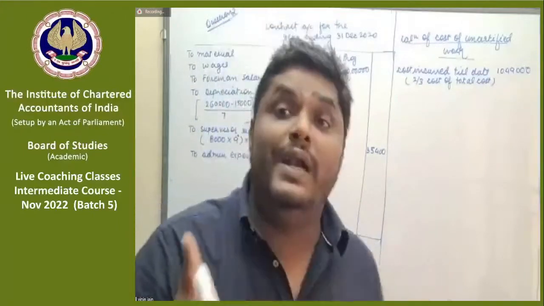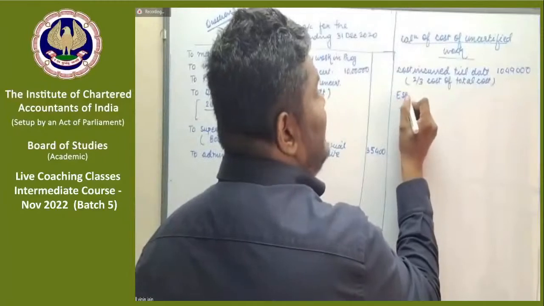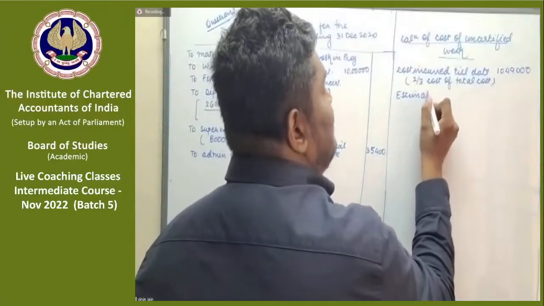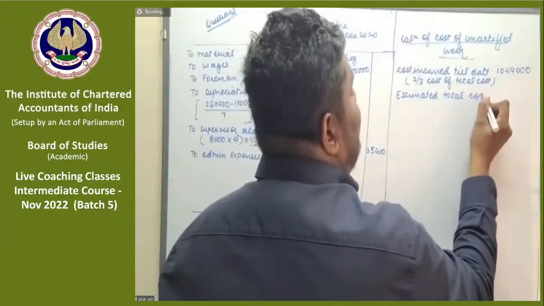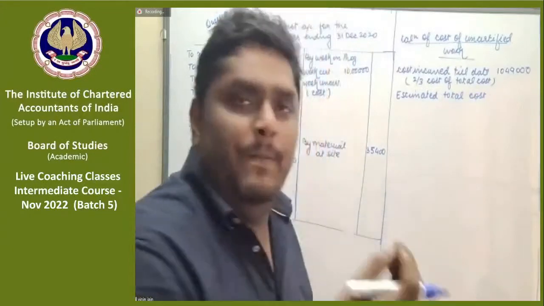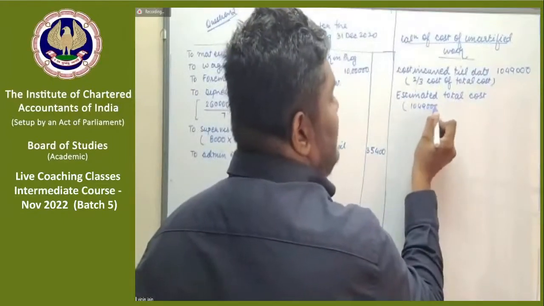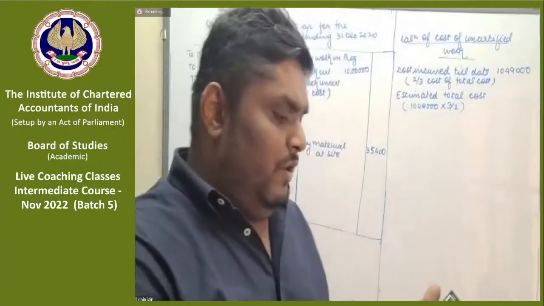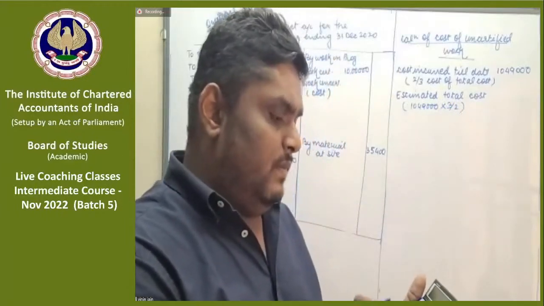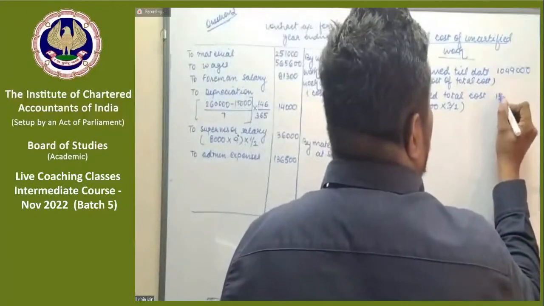So let's calculate the estimated total cost. 10,49,000 is the cost of 2/3 work, so how much will be the total cost? Very simple, guys. This will be 15,73,500.